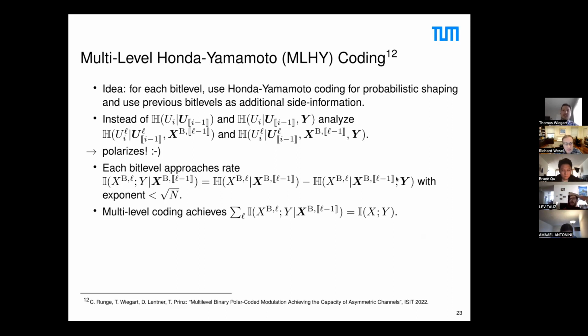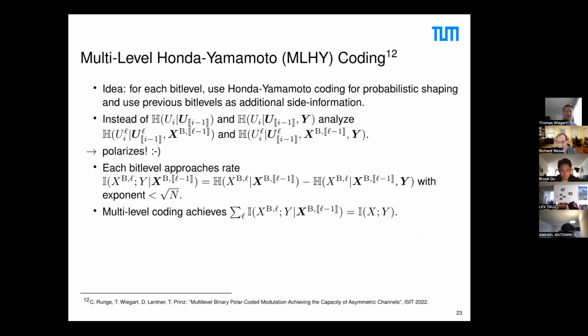He could show that we can approach this mutual information with some error exponent, and then if we combine all bit levels, he basically showed that with multi-level coding and this Honda-Yamamoto scheme, we could still achieve capacity of any non-binary input, symmetric and asymmetric channels, basically.